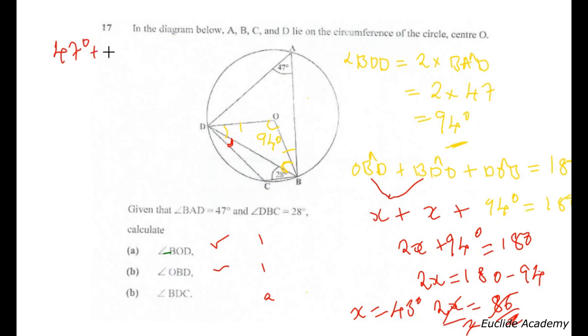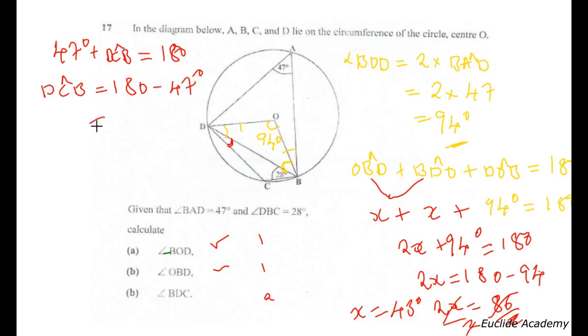So 47 plus the angle DCB should give us 180 degrees. Which means angle DCB is equal to 180 degrees minus 47 degrees.